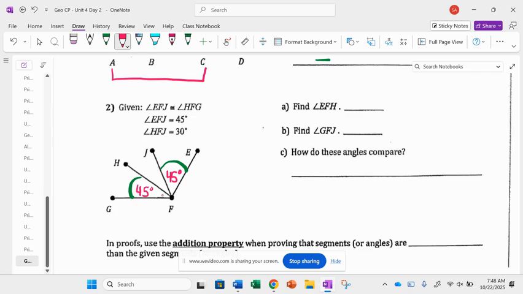And angle HFJ is 30 degrees. Now it's asking us to find the measure of angle EFH. This big angle here. Can somebody tell me what's the measure of angle EFH, that big angle? 75. 75 degrees.